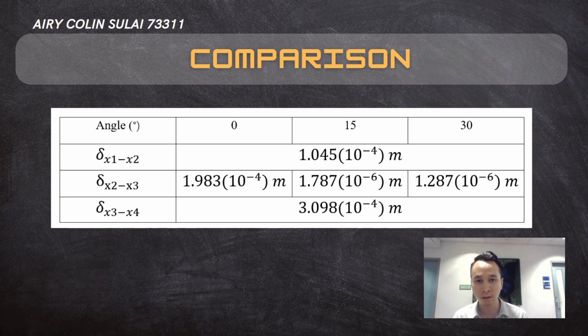It also shares the same value, which is 3.098 times 10 to the power of negative 4 meter. However, on the section x2 to x3, the larger the angle, the smaller the deflection value.